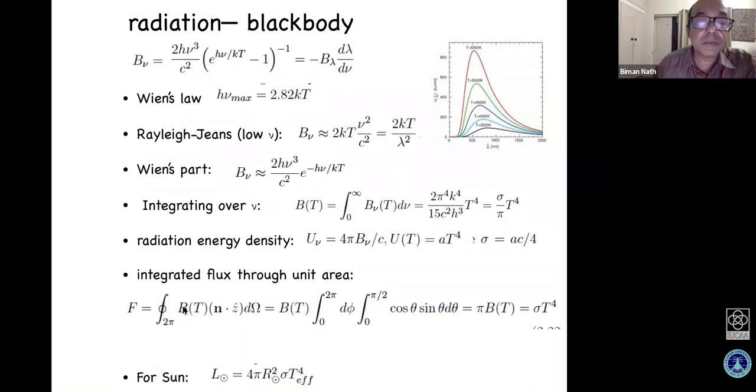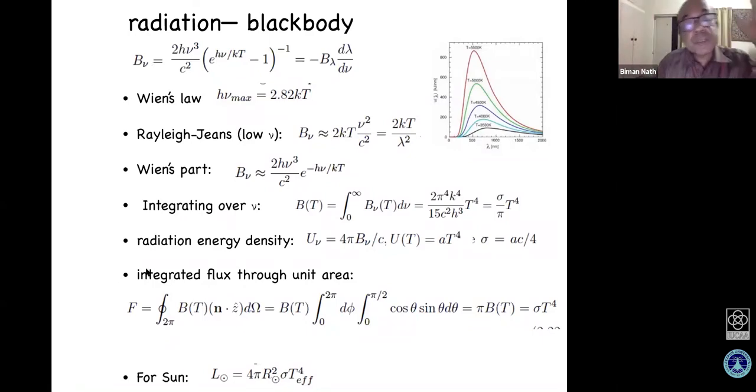But then remember, we have to take the normal to the area. Whenever we talk about area, we need to take the dot product with the normal to the area. So this will introduce a factor of cos theta, and we can also integrate over all steradian. If I integrate over all solid angle, this will give us the amount of energy that is coming out per unit time per unit area, right?